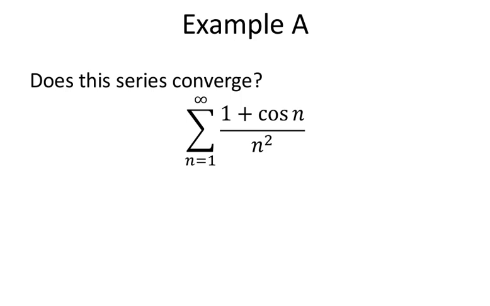There's a couple different ways we can find a series that's always greater than that, or greater than or equal to, by modifying the numerator or the denominator of what we have into something that's more easy to test.